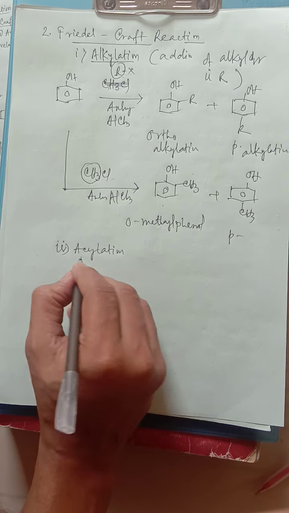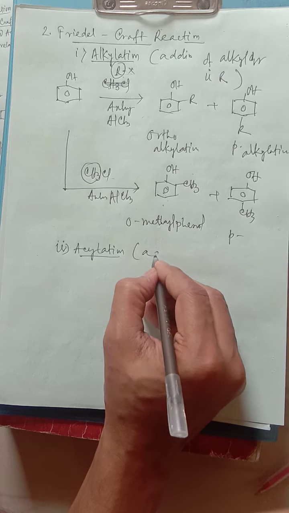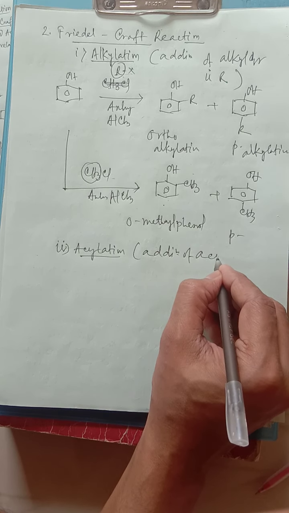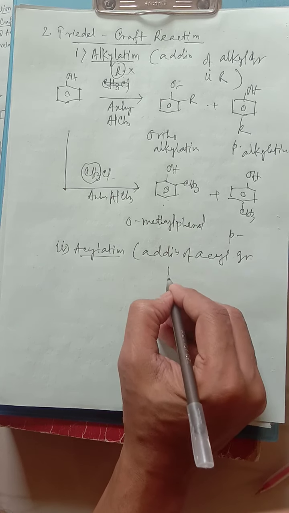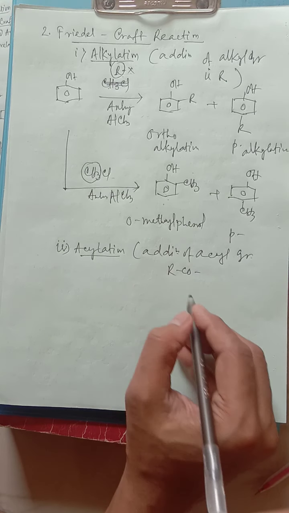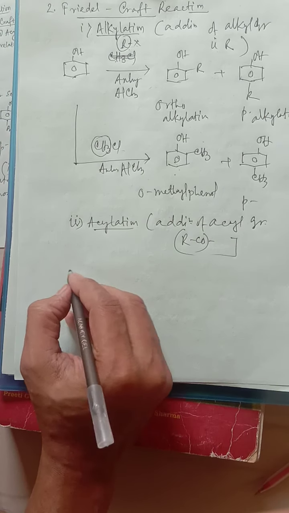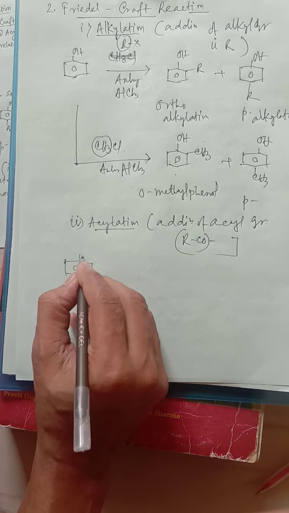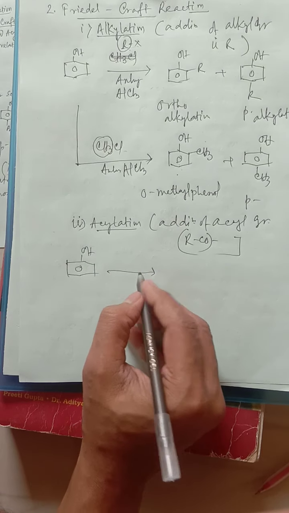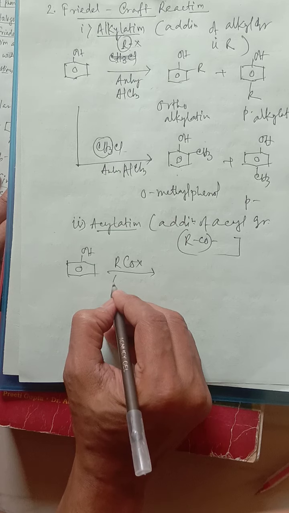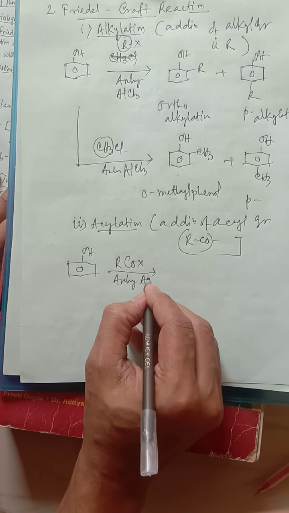It is also a Friedel-Crafts reaction. This is the addition of an acyl group. Acyl group means RCO. This group will attach over here. Let's see. In general, the reaction I am writing over here first. In general reaction, say RCOX is taken here, along with anhydrous aluminum chloride.